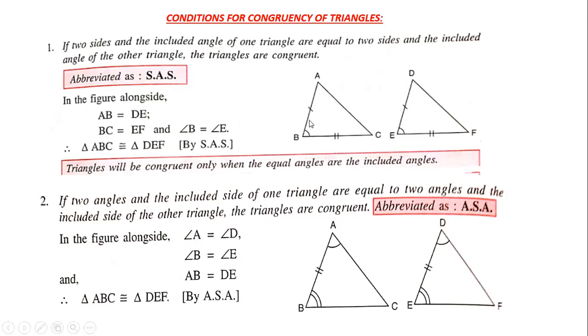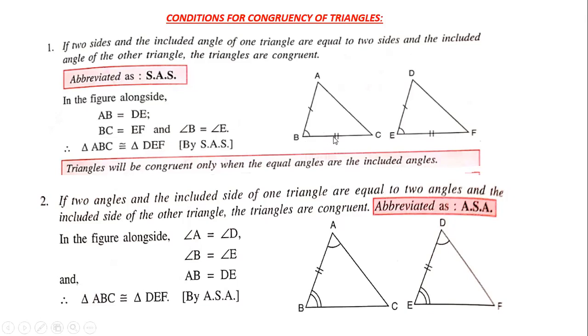First condition: if two sides and the included angle of one triangle are equal to two sides and the included angle of the other triangle, then the triangles are congruent by the axiom SAS. You can say it by SAS axiom, by postulate SAS, by condition SAS, or simply by SAS. Choice is yours. But you have to maintain the sequence, whatever that is: SAS, side, angle, side.